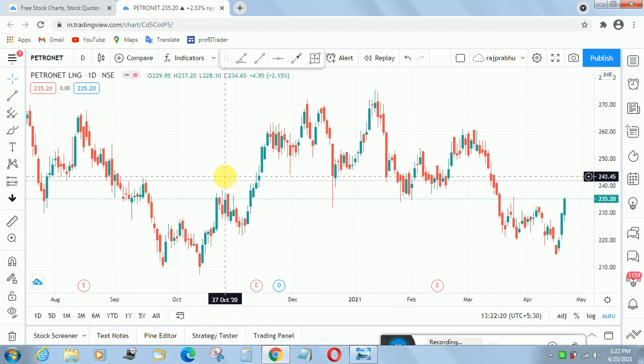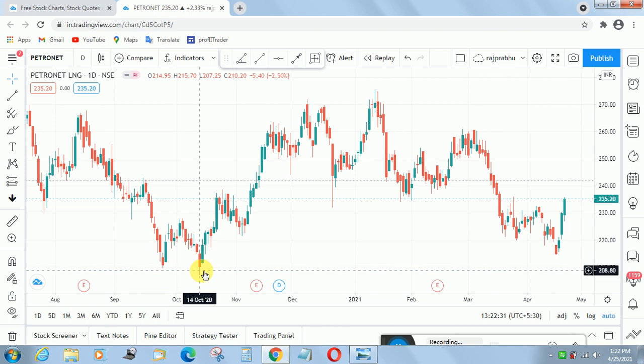See here, today this is the Petronet daily chart. This is looking like a double bottom.